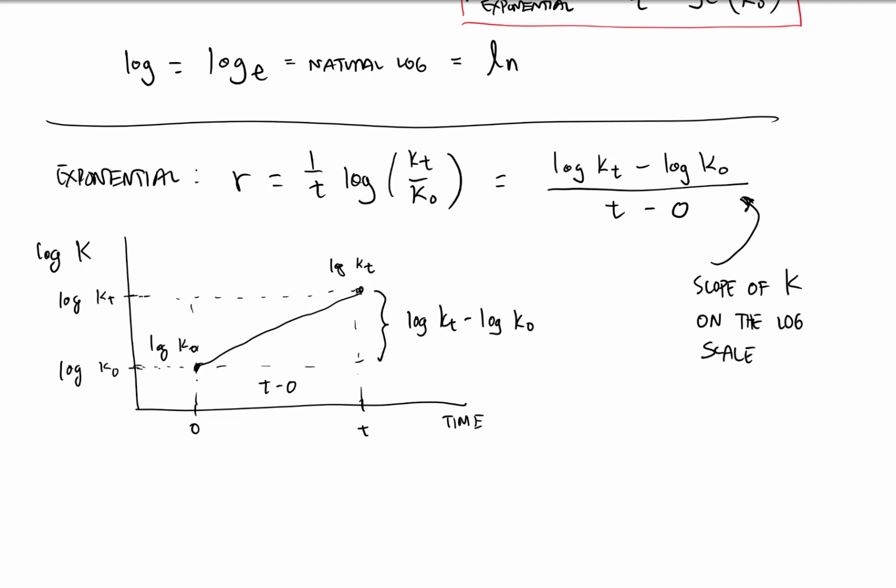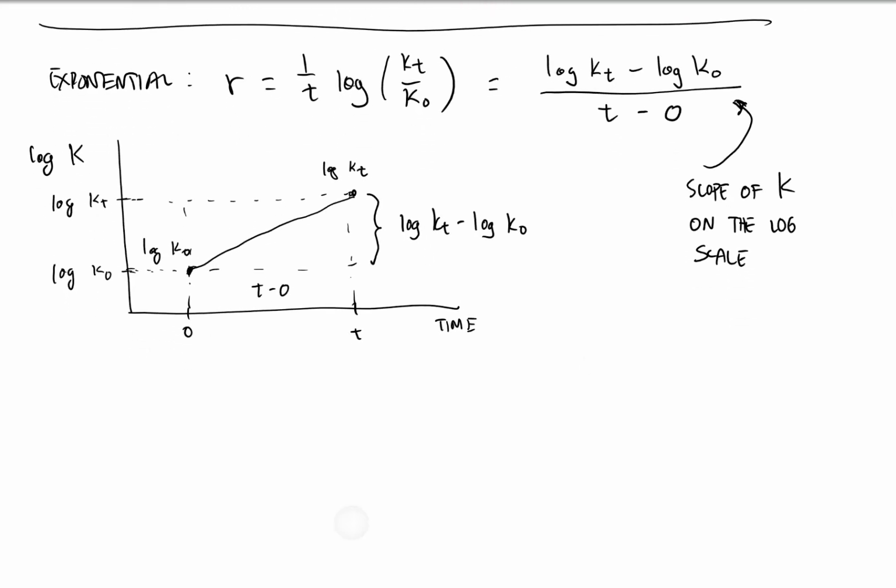Now, let's do this so you understand one more time. If we had exactly the same graph on time, here is 0 and here is t, it goes like this. We saw that this was what exponential growth looks like. Here is k0, here is kt.